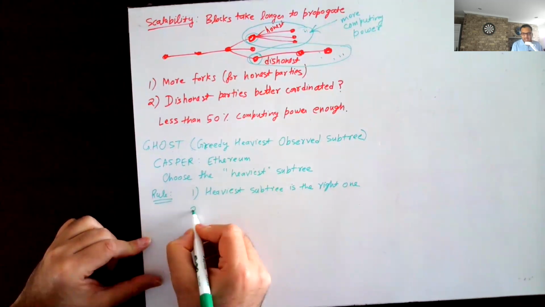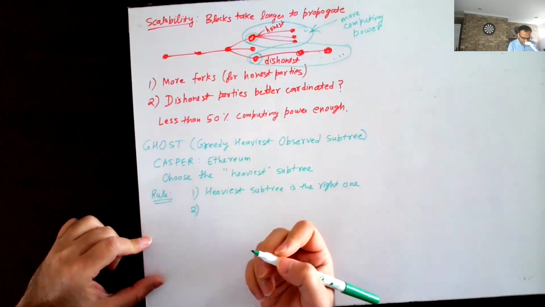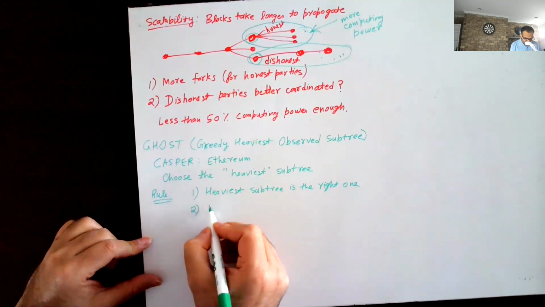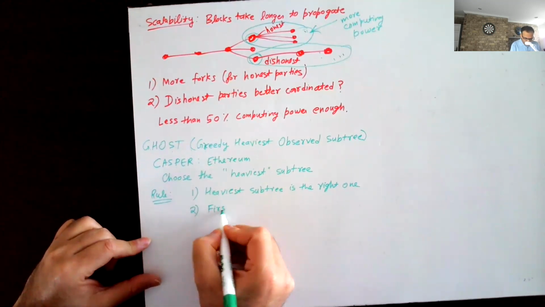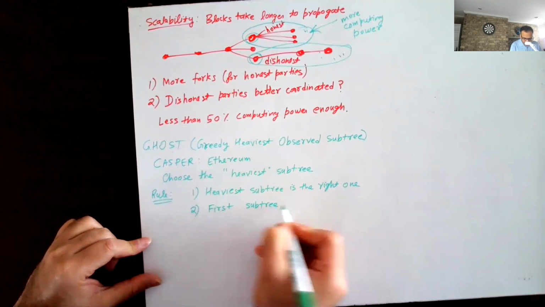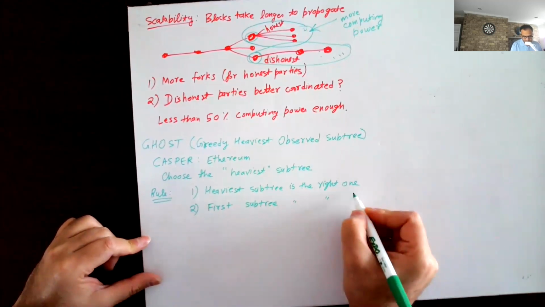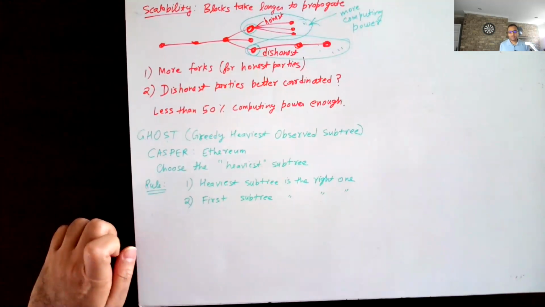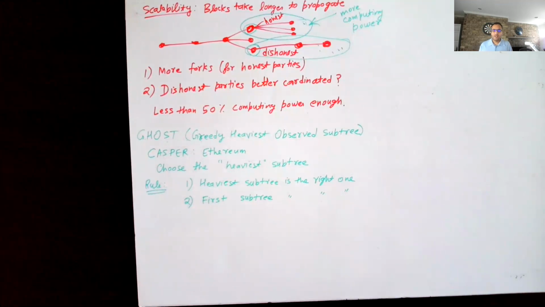And if there's a tie, then you go to the second rule, which is the first subtree is the right one. Okay, and if you are working on a subtree, but you see that there is another subtree which became heavier, you are supposed to switch to that.